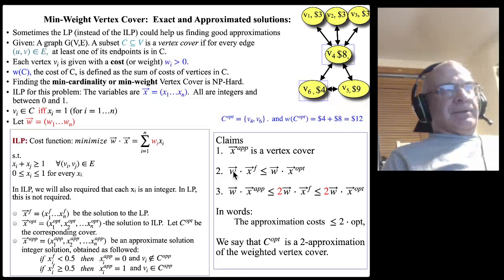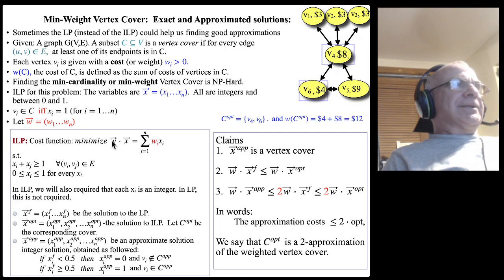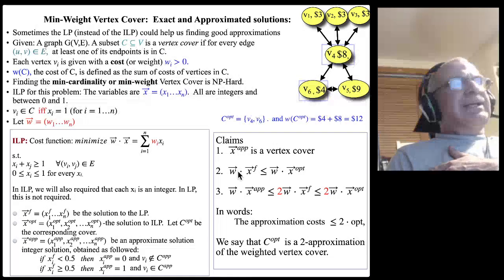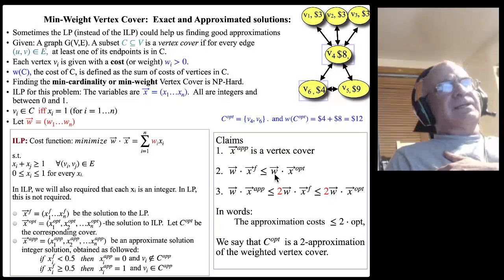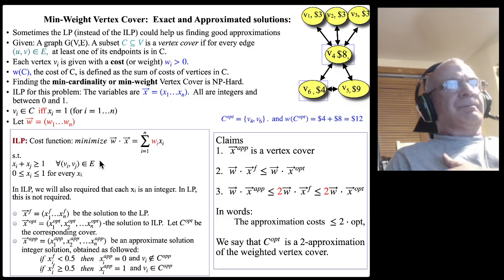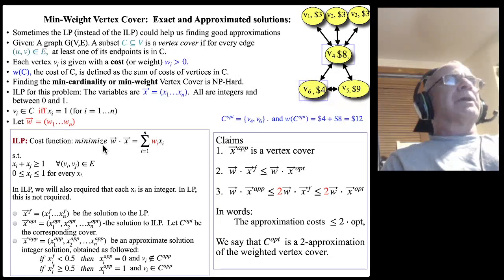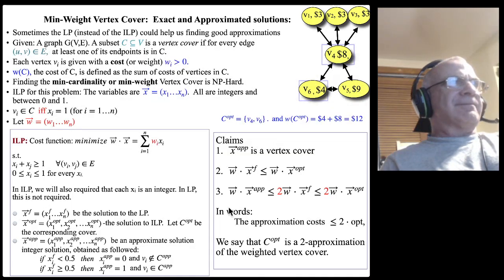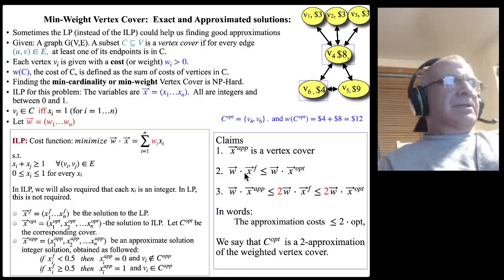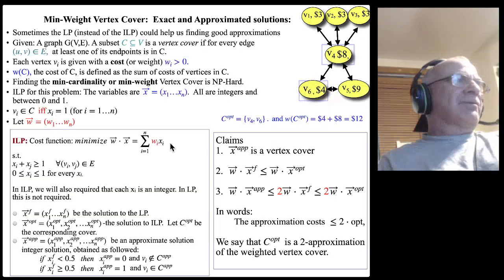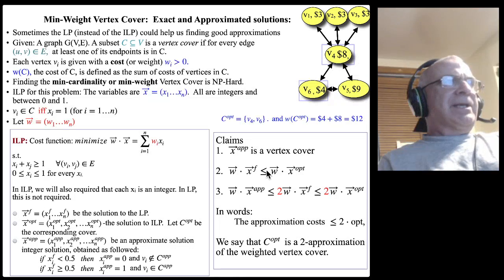So w times xf, the cost that you're paying for the linear programming, is smaller than the corresponding cost of the integer linear programming. In the integer linear programming, you added more constraints, so of course your minimum solution becomes more and more expensive. So that's the cost that we are paying as a solution for the linear programming, and this is the cost that we are paying for the integer linear programming.